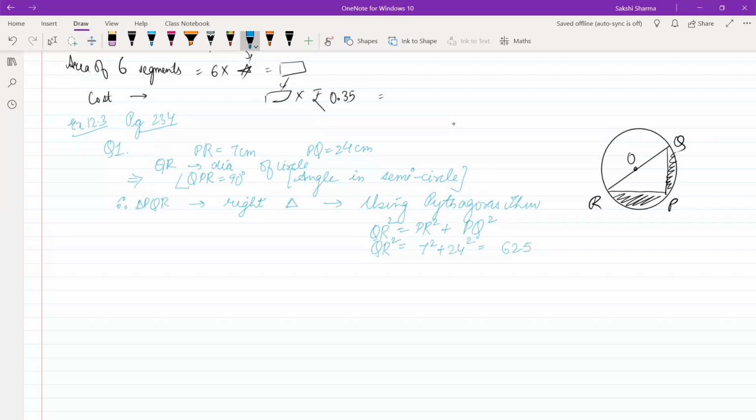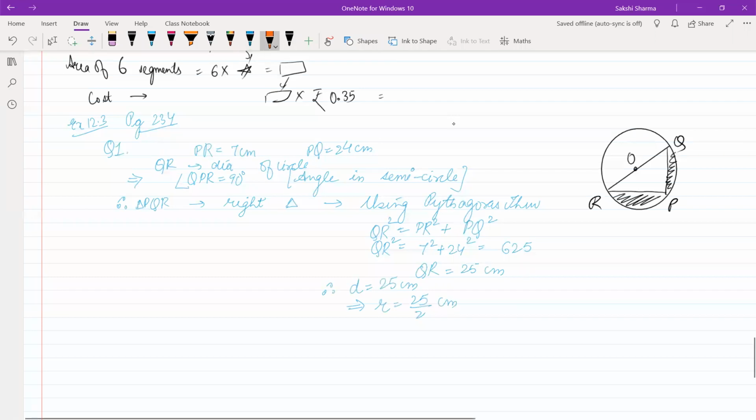This is 625 and QR comes out to be 25 centimeters. Therefore, diameter is equal to 25 centimeters. From here, we will have the radius as 25 by 2 centimeters.